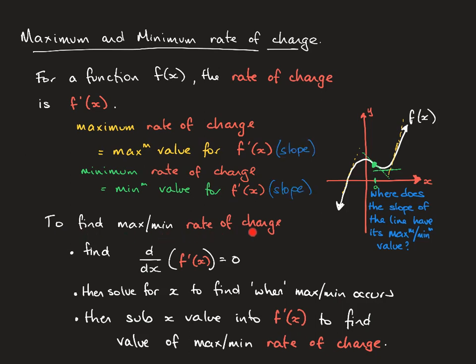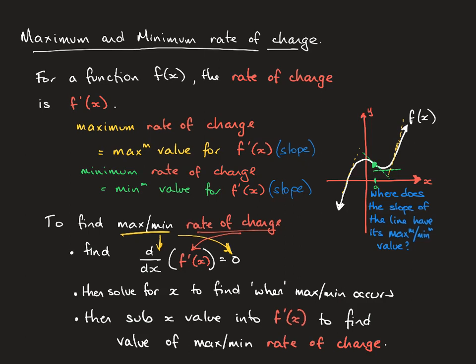So to find the maximum rate of change, you find the derivative of the derivative function. Maximum gives you the derivative of something equals 0, and you're finding the maximum of the rate of change, and the rate of change is your f dash of x.